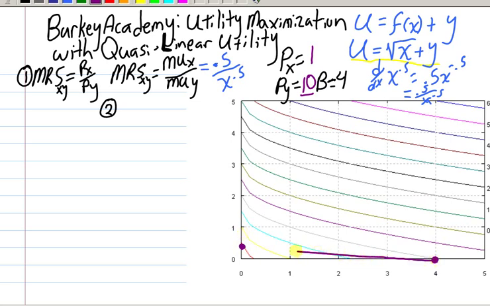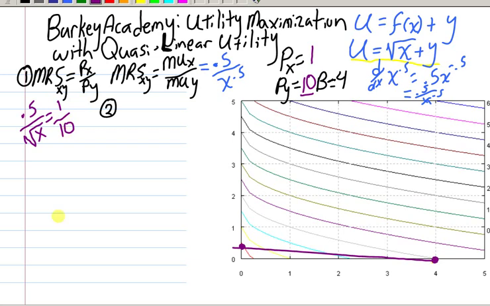And then we can solve this equation to see what it tells us. So again, our two equations, marginal rate of substitution, 0.5 over x to the 0.5, I'll write that as square root of x this time, same thing, equals the ratio of the prices, x over y, so that's going to be 1 over 10 now.